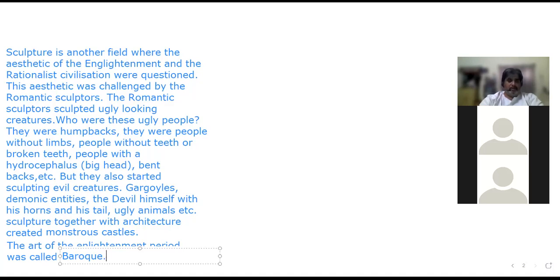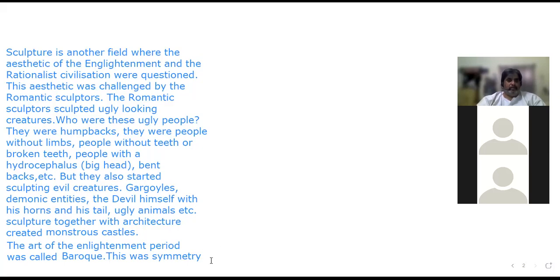So you have the period that is called Baroque. This was symmetry.